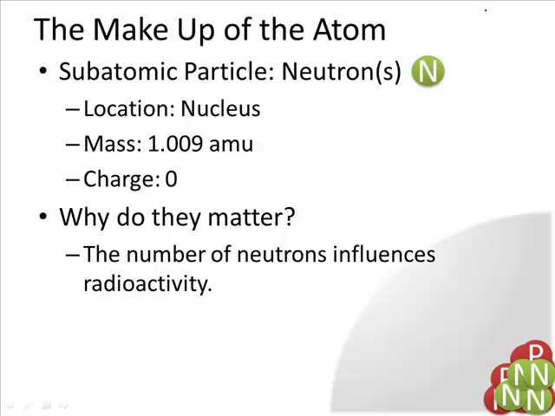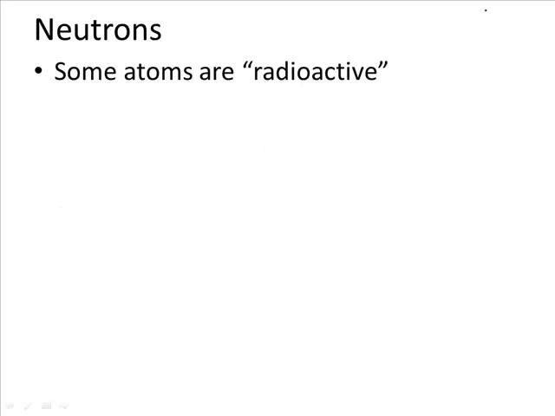So the number of neutrons in the nucleus of an atom influences whether that atom is radioactive or not. We'll cover radioactivity in detail later in this quarter, but let's just look briefly at why this matters. Some atoms are radioactive, meaning that over time, if left alone, they begin to fall apart. In other words, they're unstable.